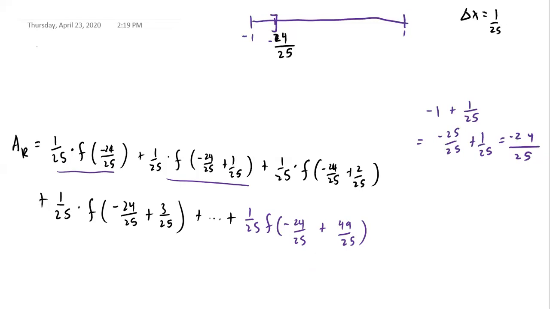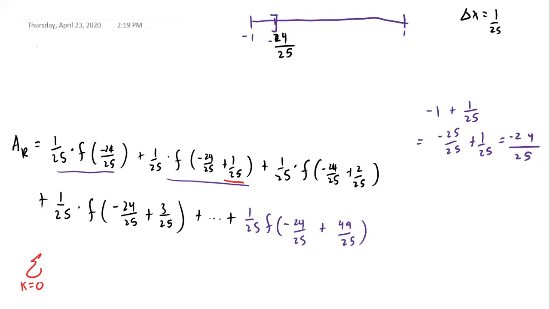Now, how do we write this in sigma sum notation? Similar as before. We're going to have the sigma, some starting index, and some ending index on the top, and some expression here that depends on k. As before, there's only one thing changing. What's the thing changing? Well, it's the 1 over 25 that we're adding. Okay.